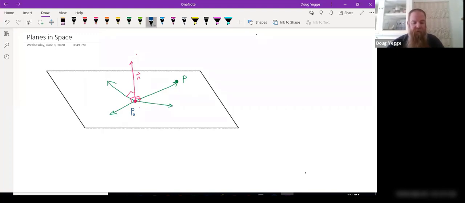So in order to come up with an equation for a plane, if we happen to be given some particular point, let's call this the point x0, y0, z0, of course, and point P would be the point x, y, z.